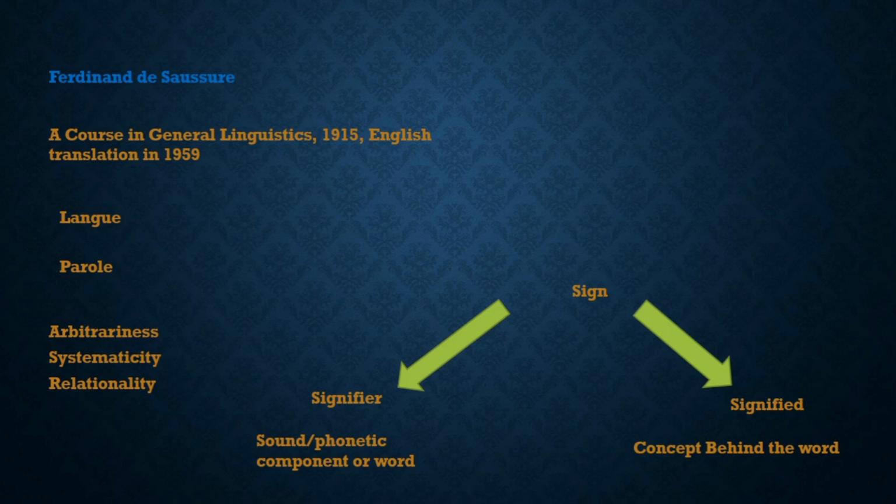Here he introduced two main terms: the first one, langue, and the second, parole. What about langue? In simple language, friends, it is a set of rules, regulations, or norms through which we study the language.